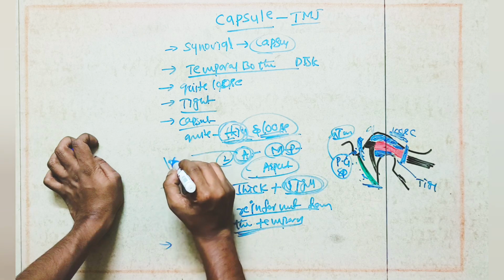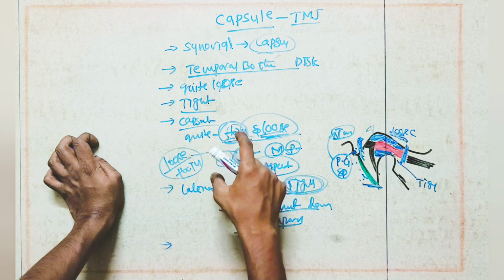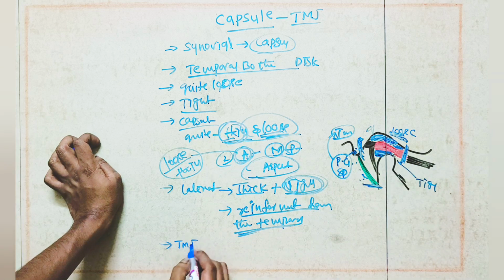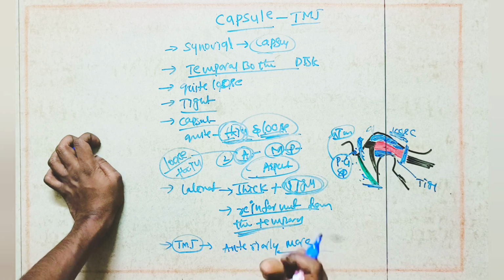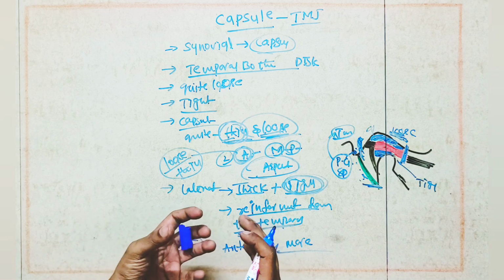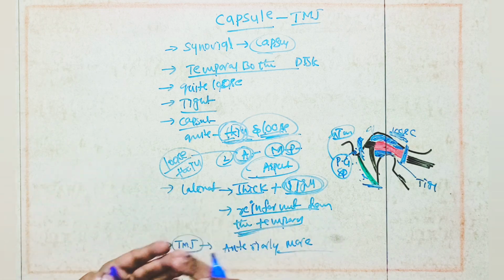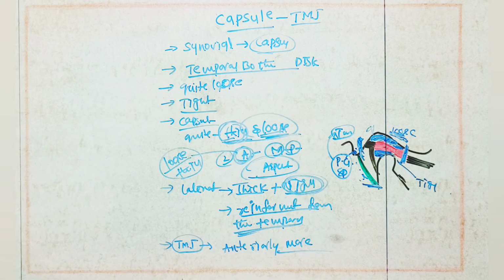Anteriorly it is very loose and thin because the joint capsule is very weak there. So the temporomandibular joint can dislocate anteriorly more. Why? Because the capsule present anteriorly is very loose and thin compared to the posterior, medial, and lateral aspects. That's why it dislocates anteriorly more. So this is about the capsule of the temporomandibular joint.